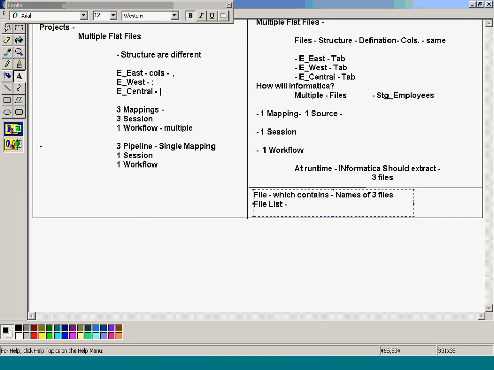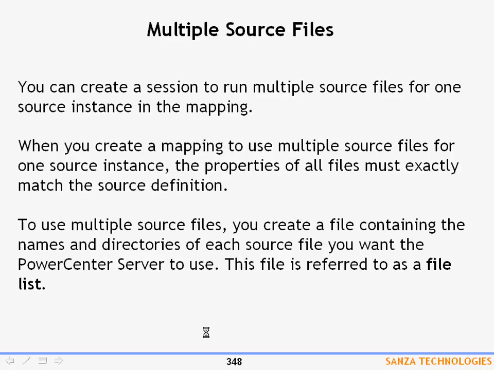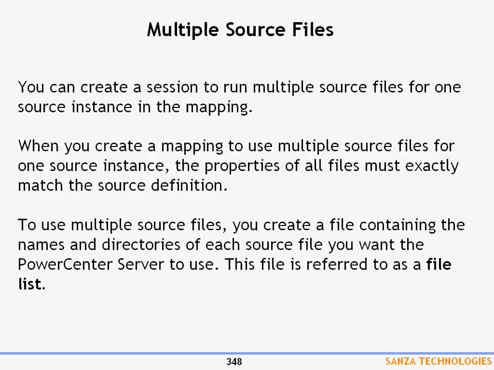So, when your source is multiple files, you need to extract data from multiple source files for one source instance, that is one source definition, provided the properties of all the files must exactly match the source definition. That is, the structure and data type and everything should match.